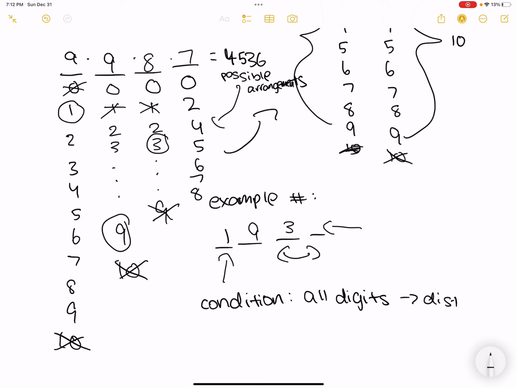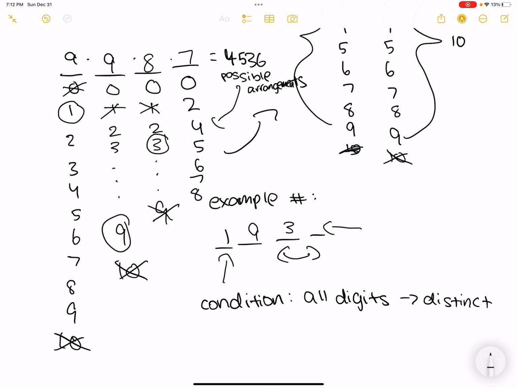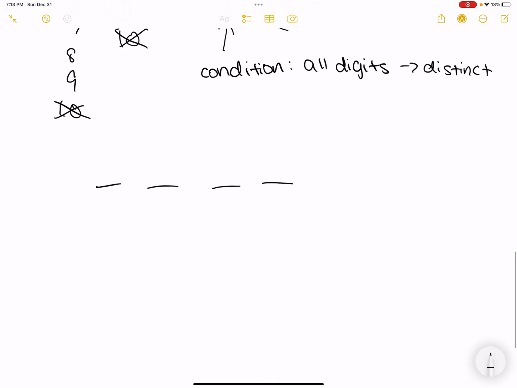But what if we had to do this where all the digits didn't have to be distinct? Then we see that, just like how we did here, the thousands digit would be the same because it can't be 0 or 10. So there would be 9 options.